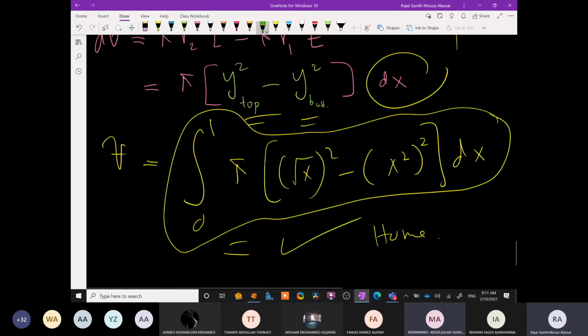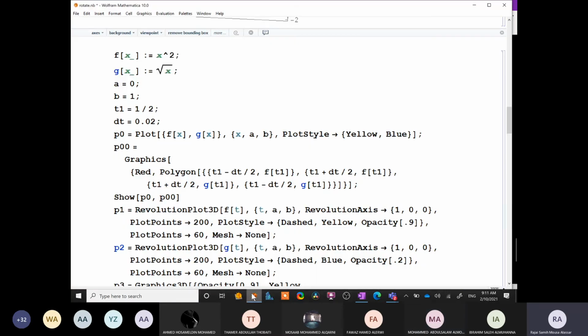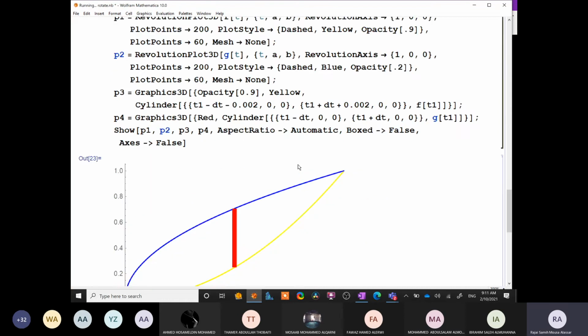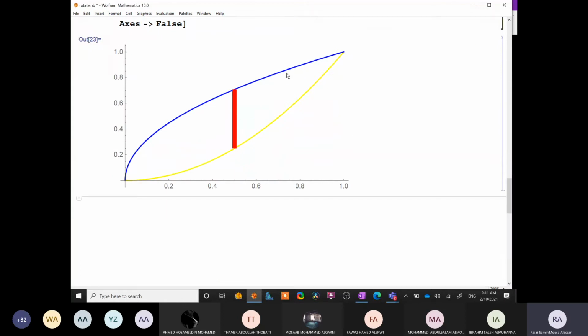Okay, fantastic. Let's just see that animated. So this is the top function, the blue one, which is the square root of x, and the bottom one here, yellow, is x squared, and this is my sample. Please note that you can move this sample.